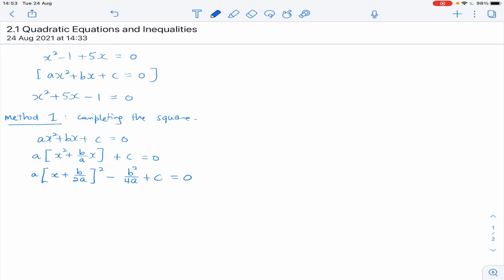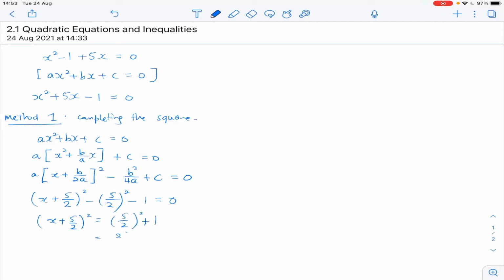Right, so let's try to do that with this example. Since a is just 1 here, I can simply say that this is x plus 5 divided by 2, squared, minus 5 over 2 squared, plus c, and c is just minus 1, equals 0. So I'll be left with x plus 5 over 2 squared equals 5 over 2 squared plus 1.